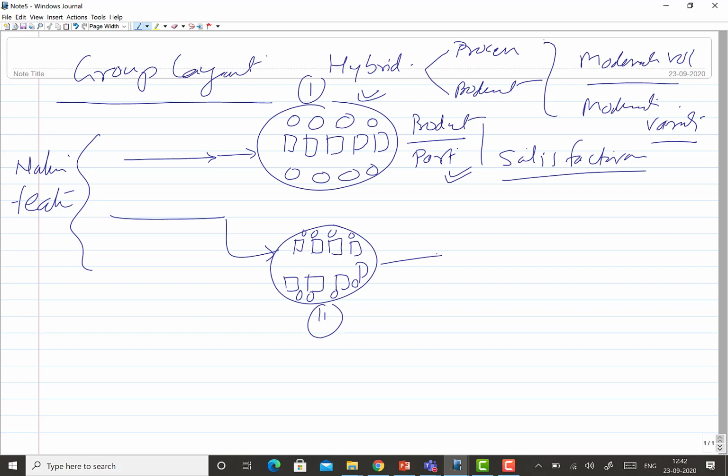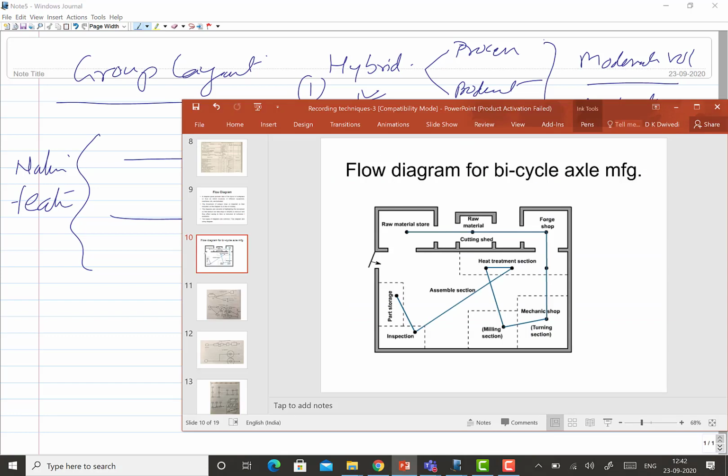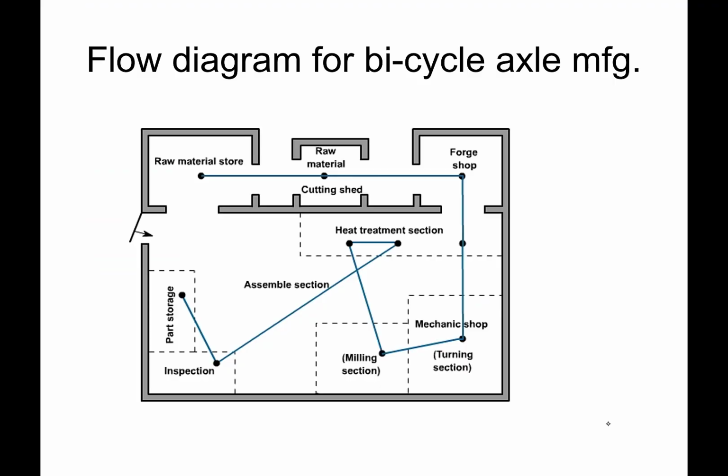So these are the four common types of layouts. My purpose is not to show the flow diagram; about the flow diagram I will talk a little later. Here you see a flow diagram showing the different ways by which the movement of material takes place during the manufacturing of a bicycle axle.